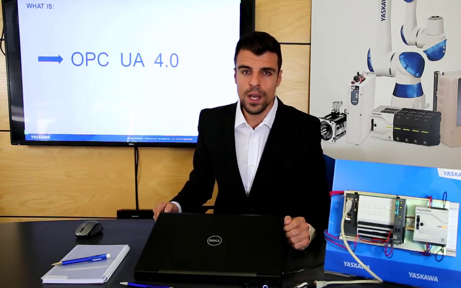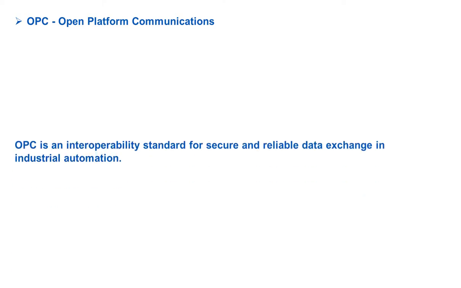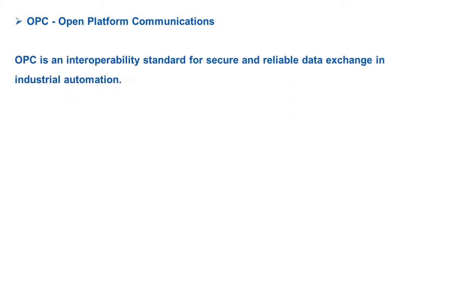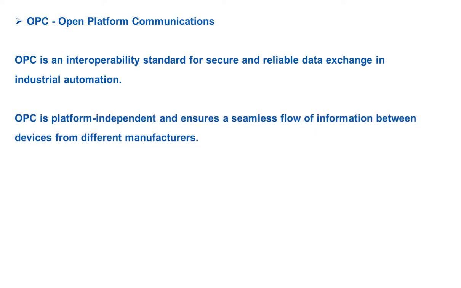What is OPC UA? OPC means Open Platform Communication. OPC is an interoperability standard for secure and reliable data exchange in industrial automation. OPC is platform independent and ensures a seamless flow of information between devices from different manufacturers.